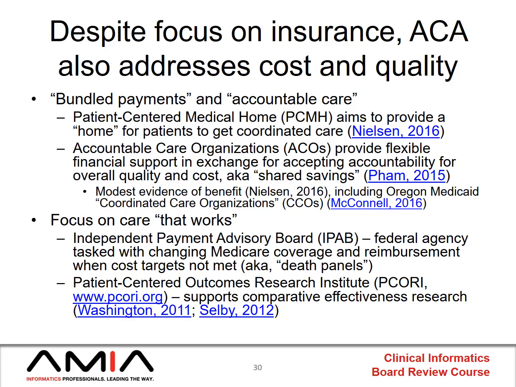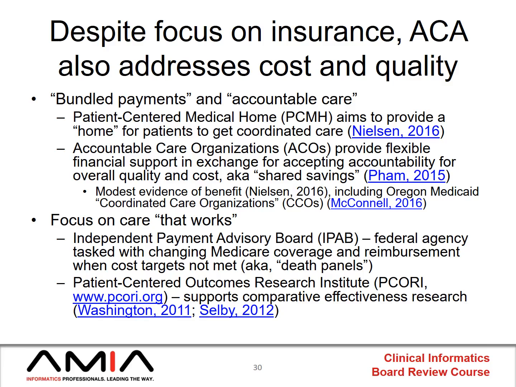Particular programs that are endorsed by the ACA are things like the Patient-Centered Medical Home, which attempts to provide a home for patients to get coordinated care, and also accountable care organizations, or ACOs, that provide flexible financial support in exchange for healthcare delivery organizations accepting some amount of accountability for overall quality and cost. These are sometimes called shared savings.